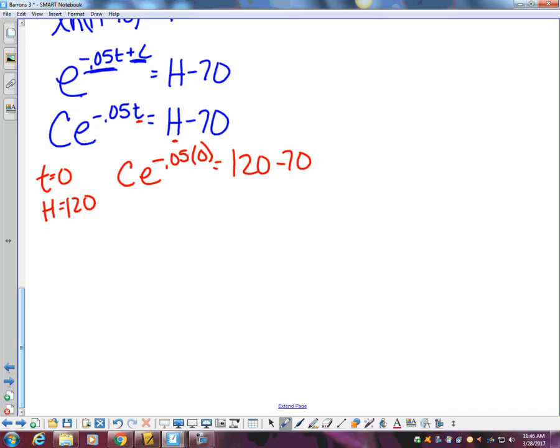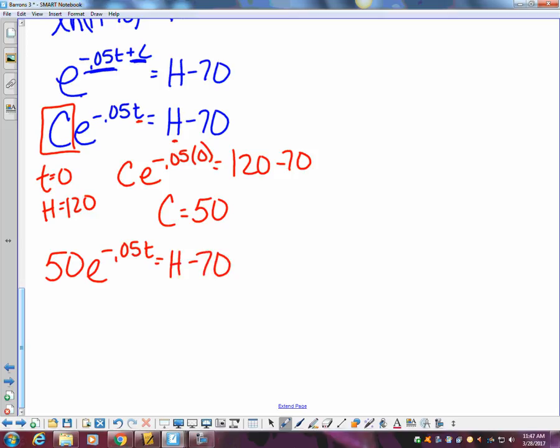Well, e to the 0 is 1, so c equals 120 minus 70, which is 50. Okay, so now I know c. So 50e to the negative 0.05t equals H minus 70.